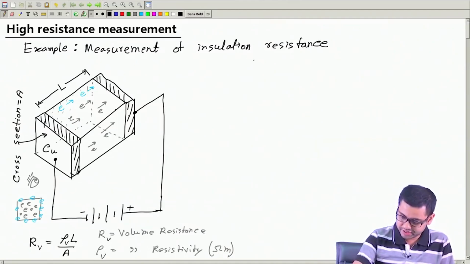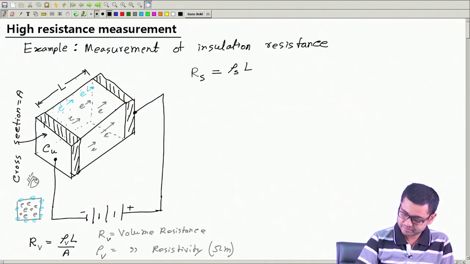Similarly, we can define a surface resistance which will be proportional to some constant which we call the surface resistivity, multiplied by the same length, but divided by the peripheral length of this block.